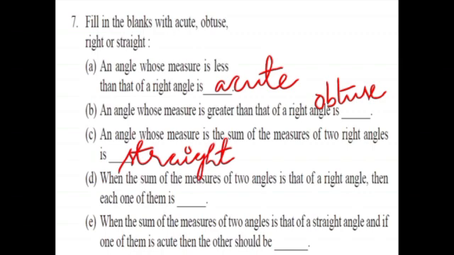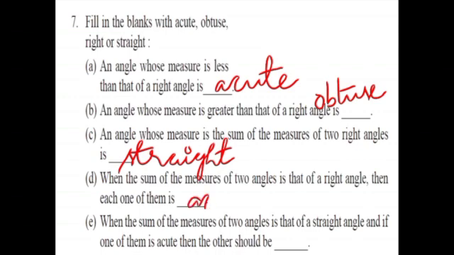See the D question. When the sum of the measures of two angles is that of a right angle, then each one of them is, again, when the sum of the measures of two angles is that of a right angle, then each one of them is an acute angle.